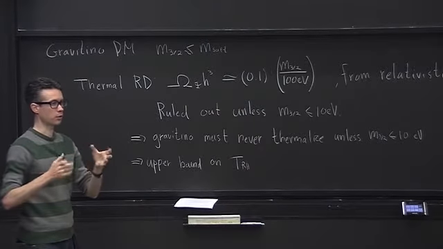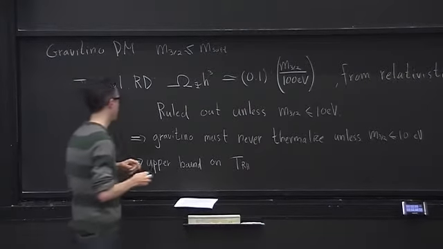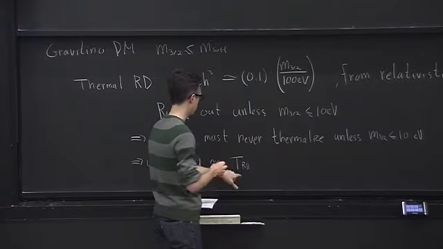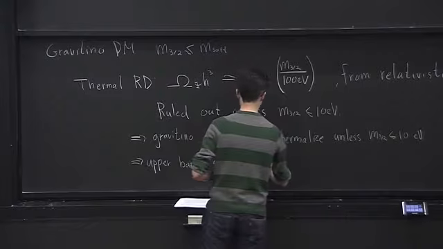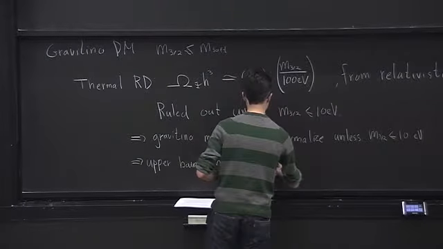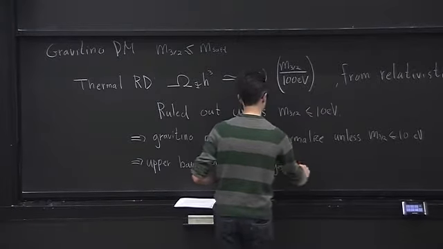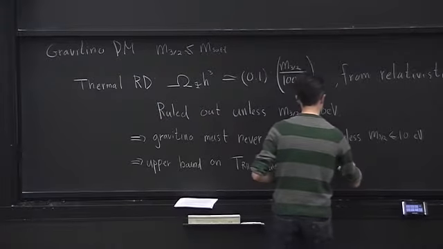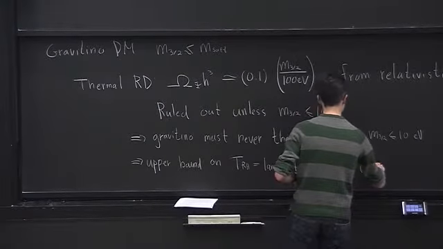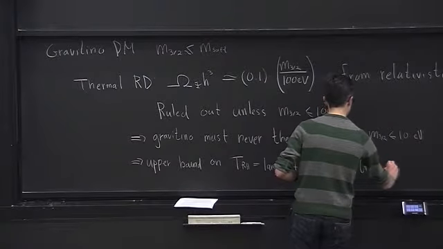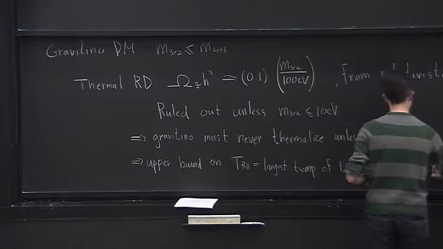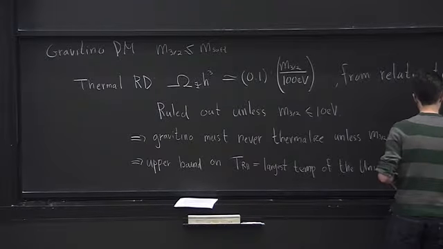The temperature of the universe when that transition happens, which corresponds to the largest temperature of the universe while it was radiation dominated, is called T reheat. So you can think of the reheating temperature as the largest temperature of the universe, specifically while it was radiation dominated.